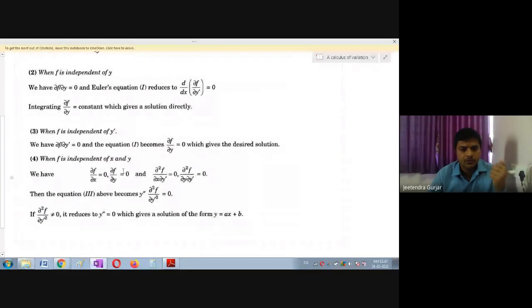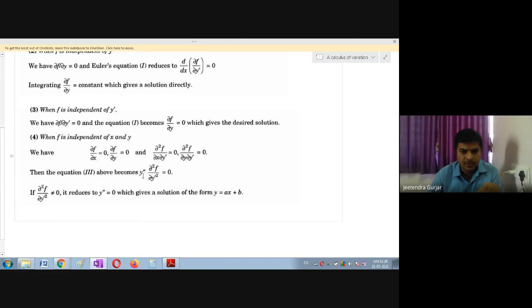So what you are going to do, you are going to use this condition: y'' dou square f upon dou y' square is equal to 0. Even if dou square f upon dou x dou y' is 0 and dou f upon dou y is 0, we are left with the last formula, that is y'' dou square f upon dou y' square is equal to 0.